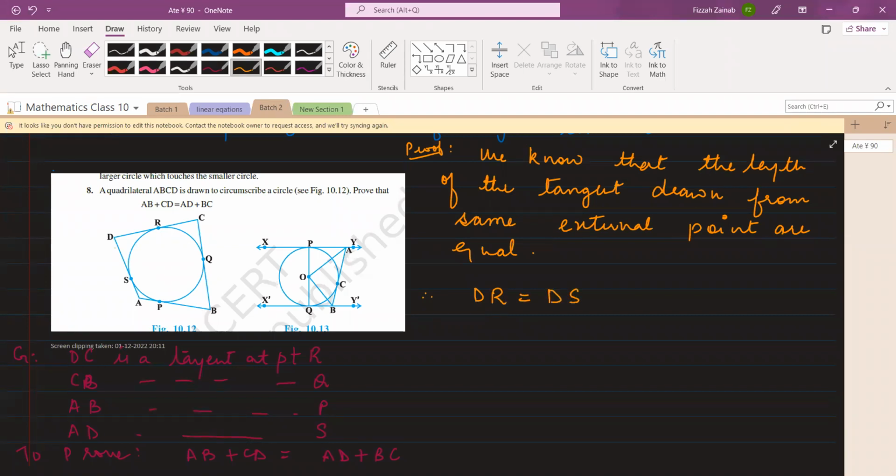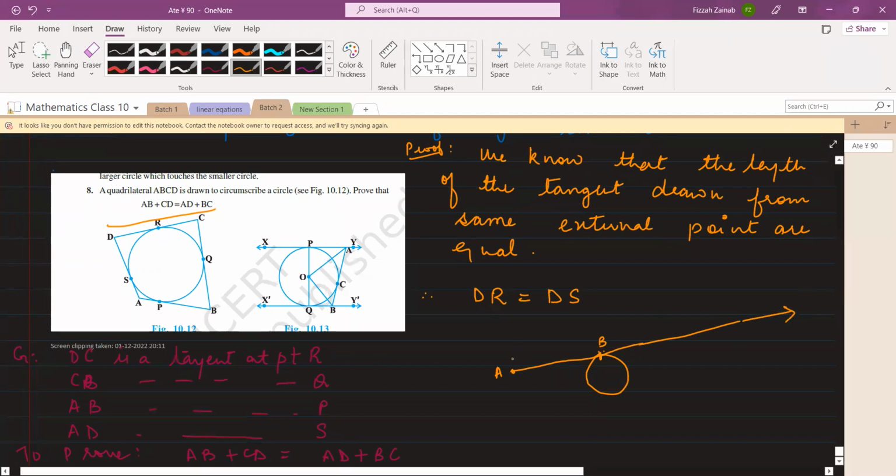Just look at it like this. See, DC complete is a tangent, right? So DR is also a tangent, the part of DC, right? Ultimately, in that theorem, we take the distance like this. If you have a circle and an external point, and you have a tangent here, and this is the point of contact, the tangent can go up to infinity, but we only take the length from the point till the point of contact.